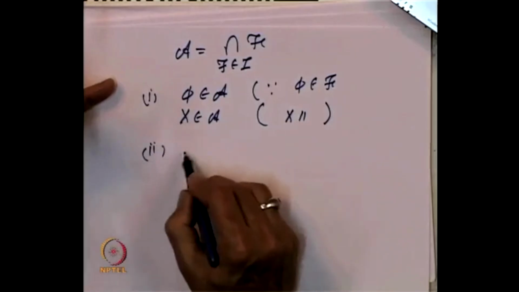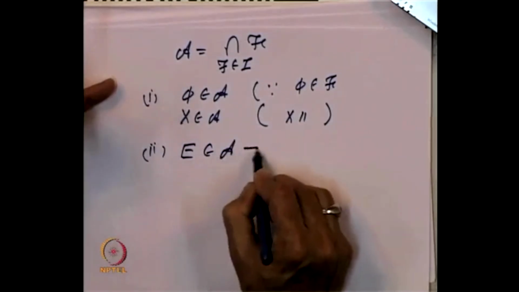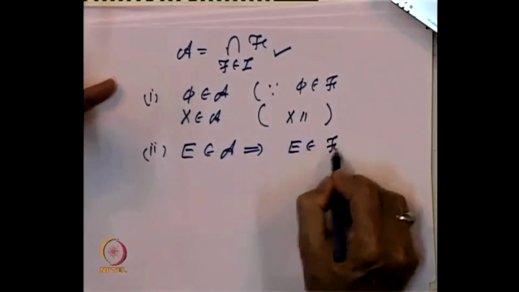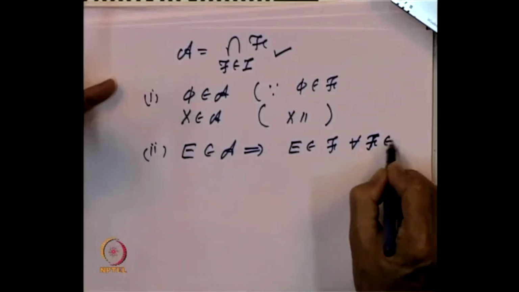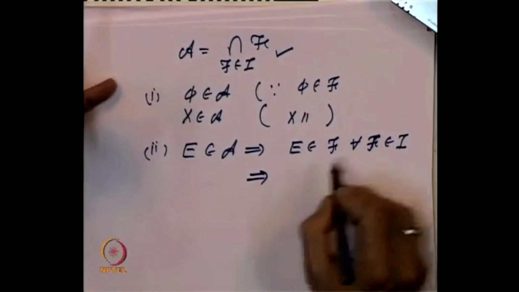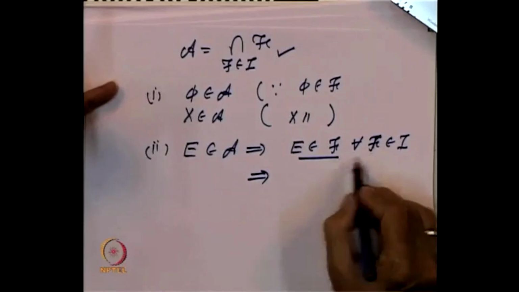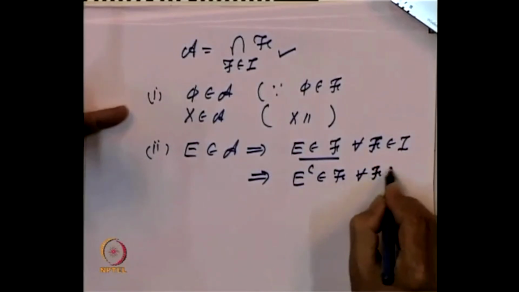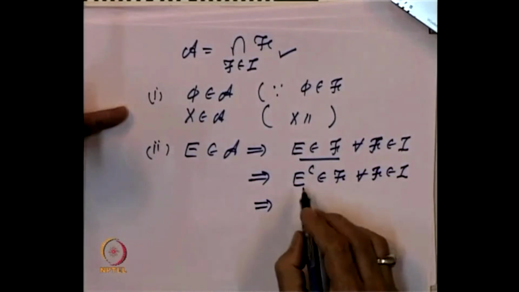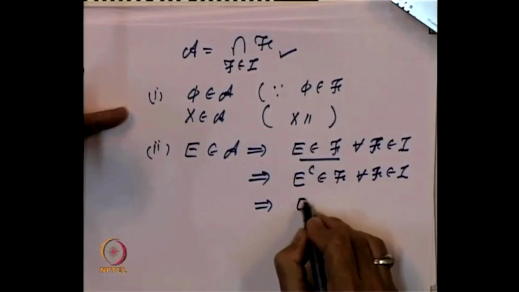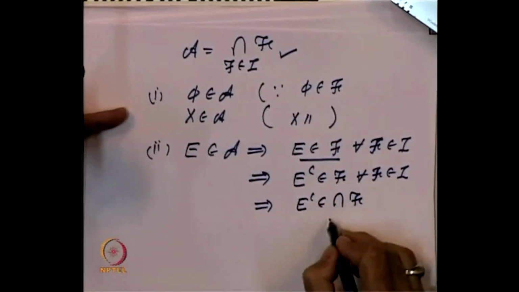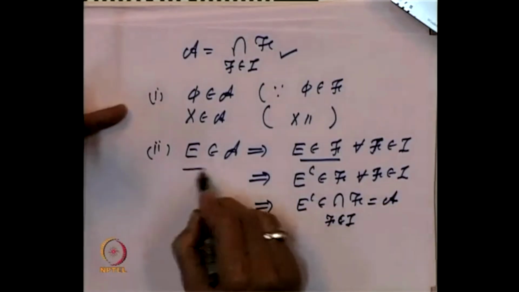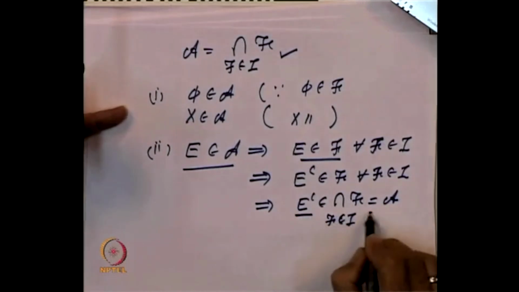Secondly, let us take a set E belonging to A. Then by the very definition, E belongs to F for every F inside the collection I. But because E belongs to F and F is an algebra, E complement also belongs to F for every F belonging to I. This is equivalent to saying that E complement belongs to the intersection of all these F in I, and that is precisely our A. So we have shown if E belongs to A, then E complement also belongs to A.